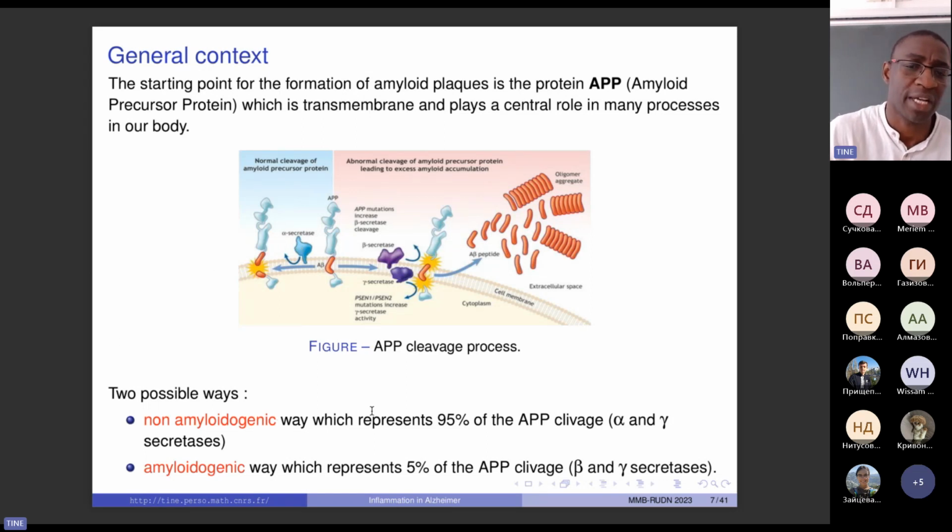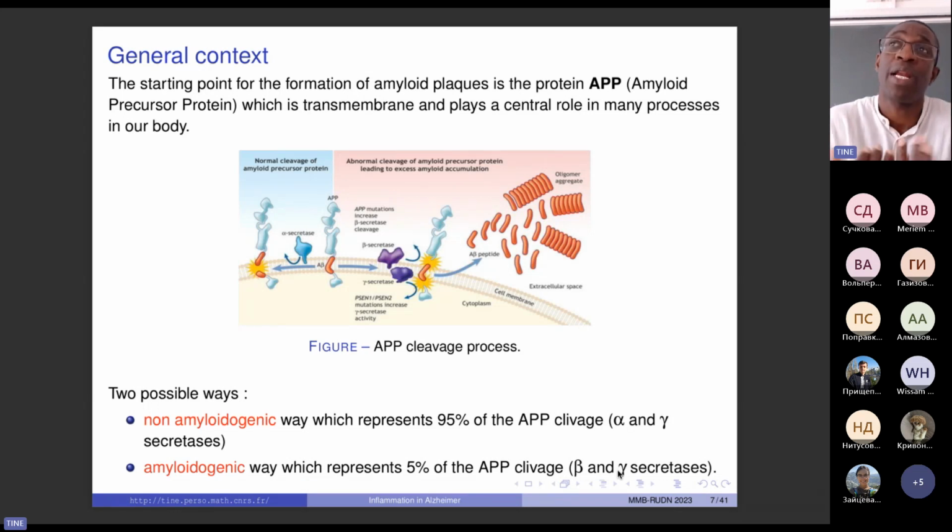The normal cleavage is the general case: in 95% of cases, the APP is cleaved by the two enzymes, the alpha secretase and the gamma secretase. And 5% or less of the time, the cleavage is done by the association of beta and gamma secretase.